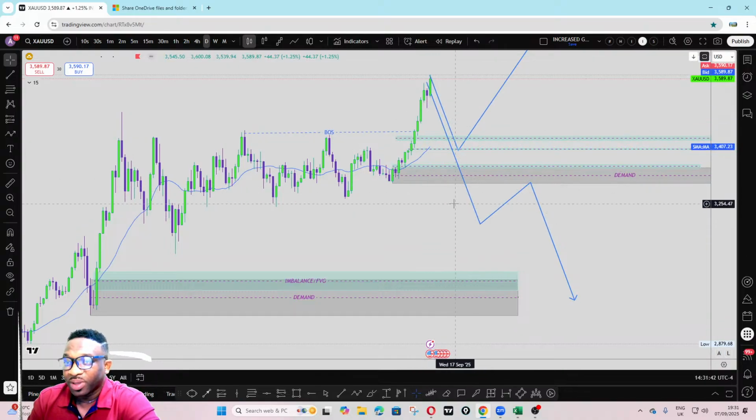So for the confirmation entry, if we get a break of this structure, this low here, then we expect price to come back to this area. So once we get price pushing back after this break of structure, pushing back to this area and giving us some more signs of rejection here, then we take the trade from there to the downside.